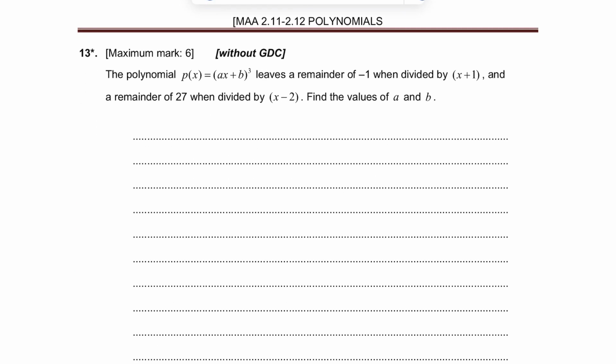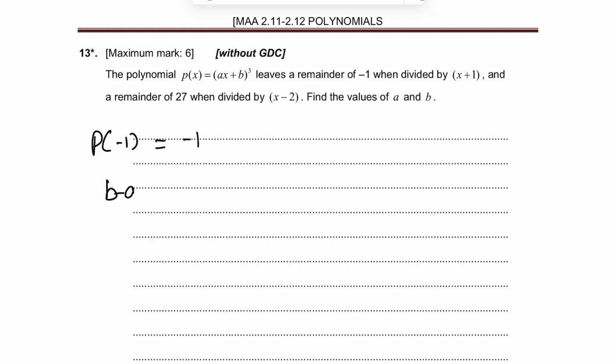Question number 13. The polynomial p of x equals ax plus b whole cubed leaves a remainder minus 1 when divided by x plus 1 and remainder 27 when divided by x minus 2. So p of negative 1 equals negative 1. So plug in that one.